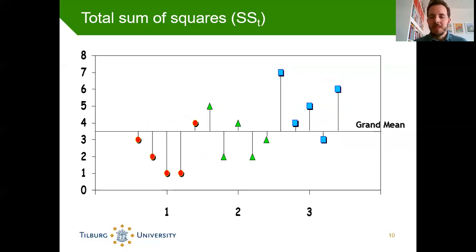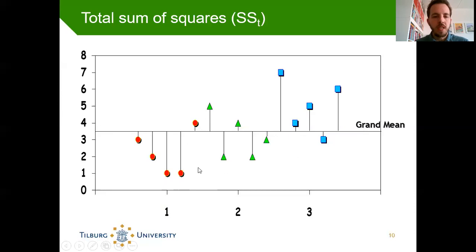The first thing SPSS calculates is the so-called total sum of squares. So if you've been reading about regression last week, in the book you already came across this term. Let me explain it to you here on the basis of this slide. The first type of thing that SPSS needs is this total sum of squares. Now, what is this? If you look at this graph again, you see again this grand mean.